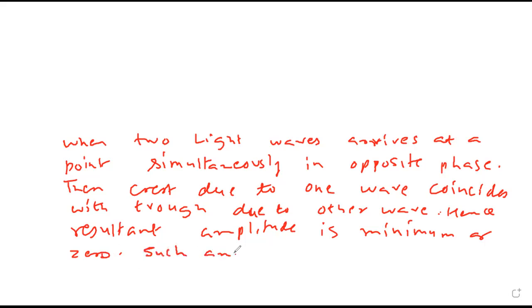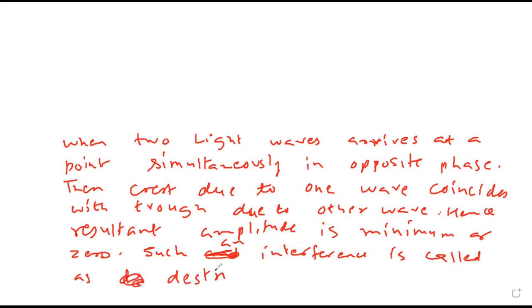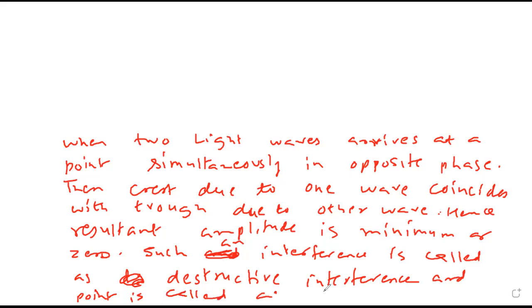Such an interference is called destructive interference. And the point is called a dark point.